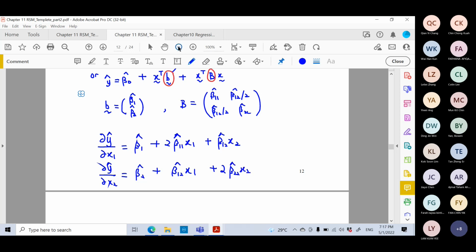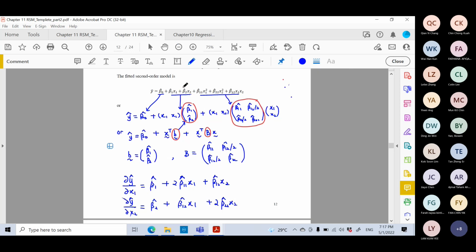Okay, you can check it out. The first one is beta 1. This one is a differential with x2, beta 2. You differentiate this one, you get the 2 beta 1 1 x1. If you differentiate with the x2 here, you should not have this one. You will have the 2 beta 2 2 x2 here.